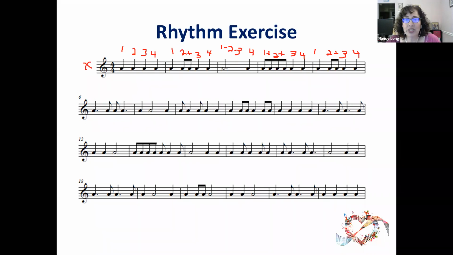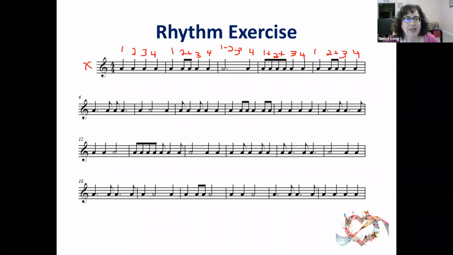Let's try clapping, and we'll just all clap the whole thing. I will count, and everybody clap, and try not to look at each other because it might be confusing. But let's give it a try. 1, 2, ready, go. 1, 2, 3, 4. 1, 2, and 3, 4. 1, 2, 3, 4. 1 and 2 and 3, 4. 1, 2, and 3, 4.